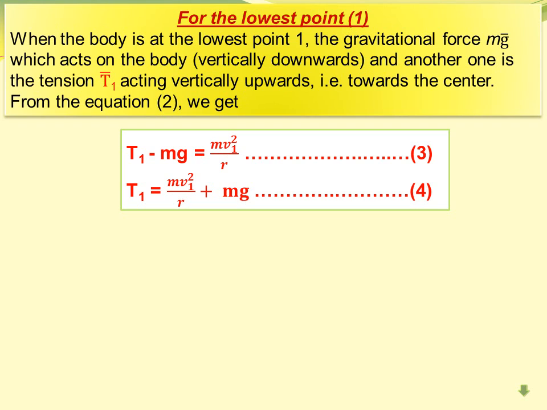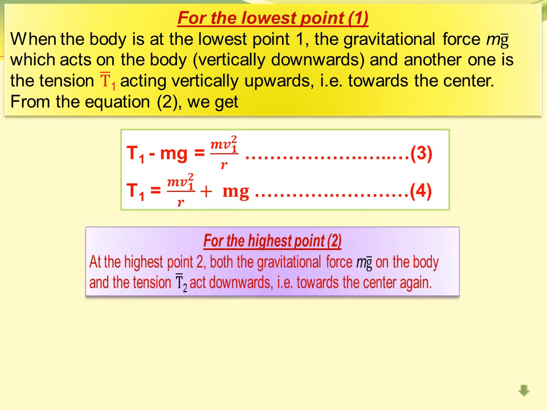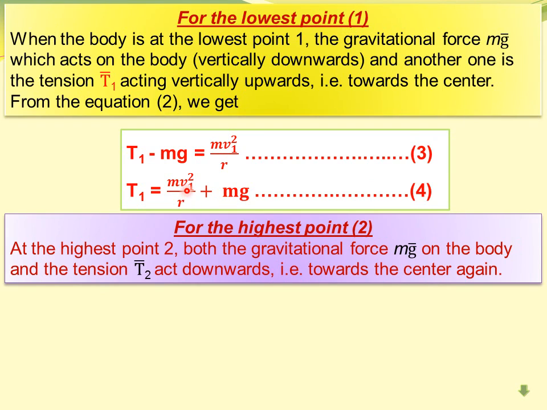From equation 2, we get T1 minus mg is equal to mv1 square by r. Let's have this as equation number 3, and T1 is equal to mv1 square divided by r plus mg. We take mg to the right hand side, and while moving to the right hand side, we lose the negative symbol.